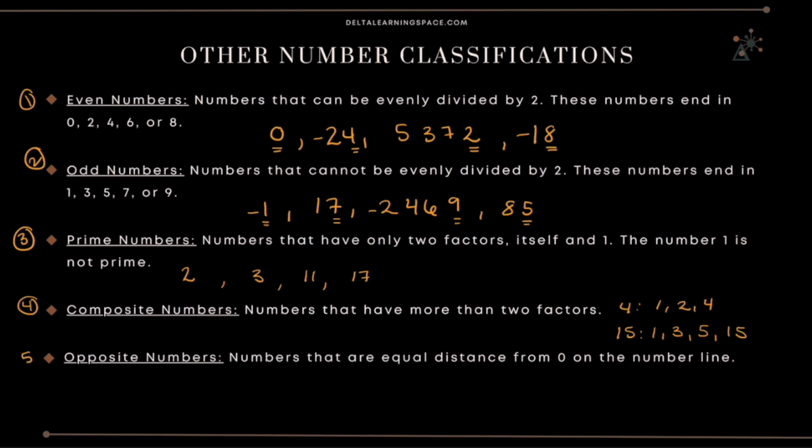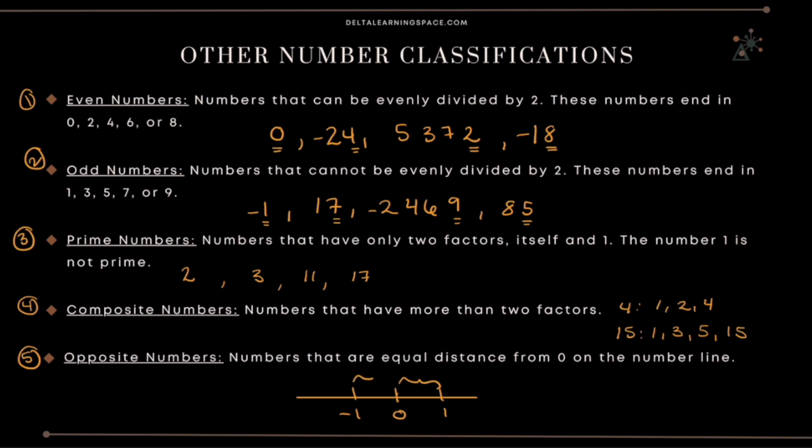And our last number classification are called our opposite numbers. We saw that a bit when we were talking about integers, but just to get a little bit more into it, these will be numbers that are equal distance from 0 on the number line, and that is what is making them opposite. For example, if we have 0 in the middle, I can have 1 here and -1 here.